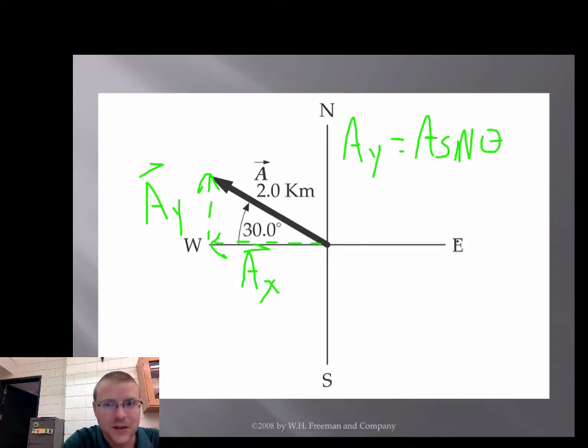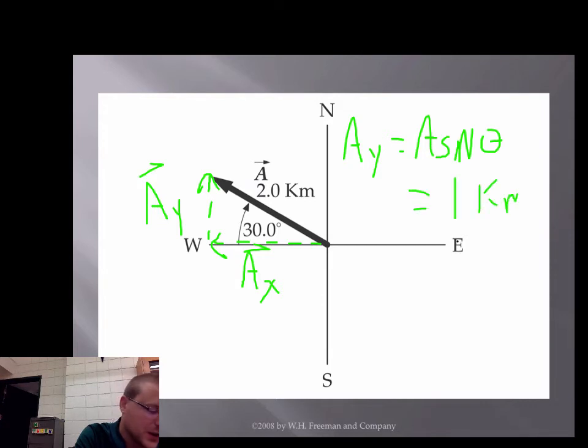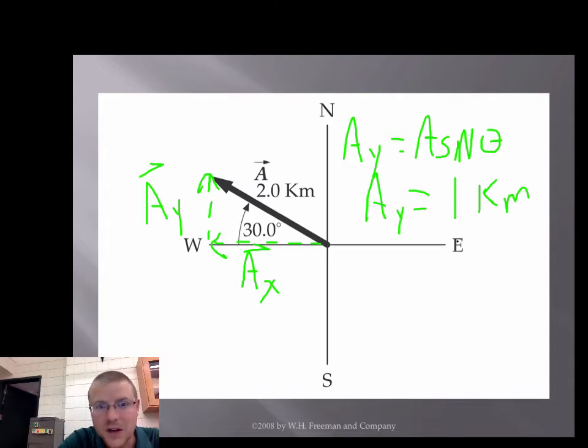Since theta is 30 degrees, that's a nice common angle. 30 degrees is going to give me half. So half of 2 is going to give me 1 kilometer. So AY is 1 kilometer tall. Now I've got two pieces of my right triangle. If you don't want to do trig again, you can simply do the Pythagorean theorem to solve for AX.